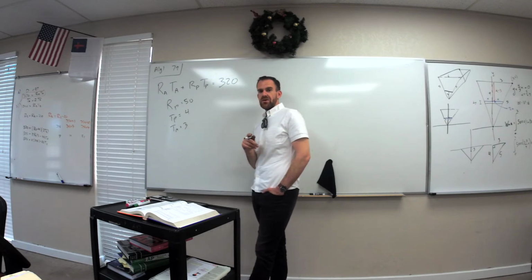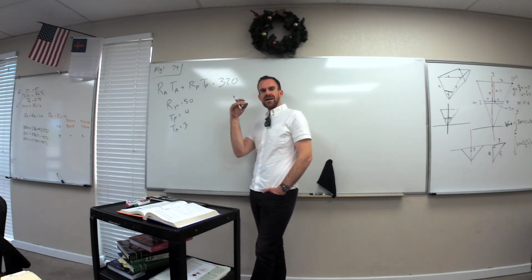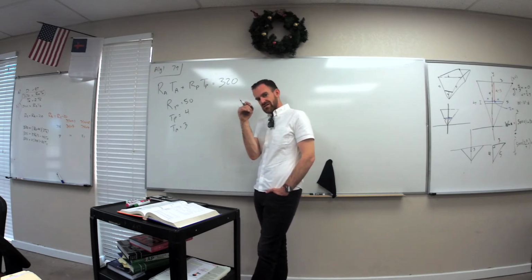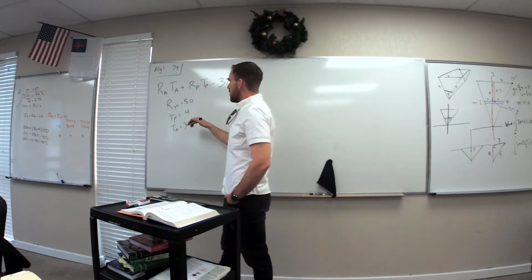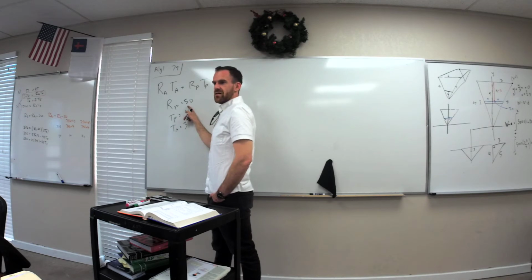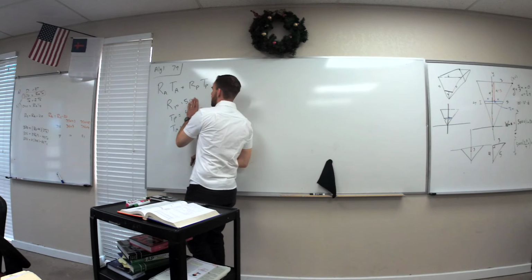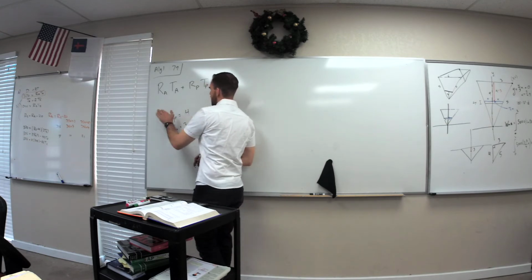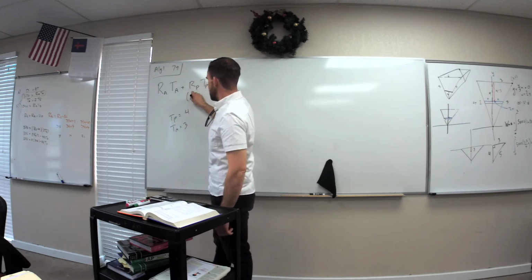Here's what we're going to do. Are you ready? We're going to plug in to each one of these. So, in our equation, we have RP equals what? 50. So, where I had RP, I am going to put parentheses there and write 50 below it.